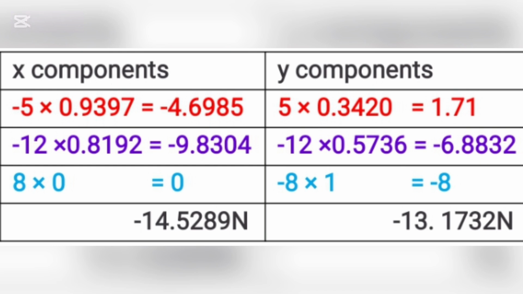We'll add all the x components together. If you add all the x components together, you will get minus 14.5289. If you add all the y components together, you get minus 13.1732. So both x and y are acting in the negative direction.